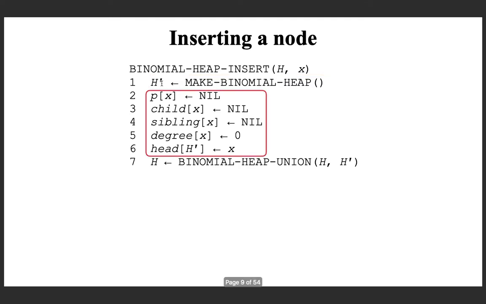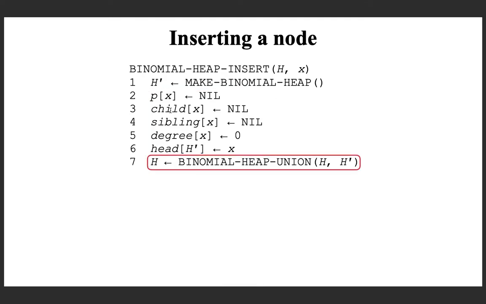Then x is the node that you are given. You set the parent of x as nil, child of x as nil, sibling of x as nil, degree of x as 0 because it has no child, and head of h prime as x. So this part of the code is making a single node binomial heap with x as the only node in it, and after that you are calling the binomial heap union.